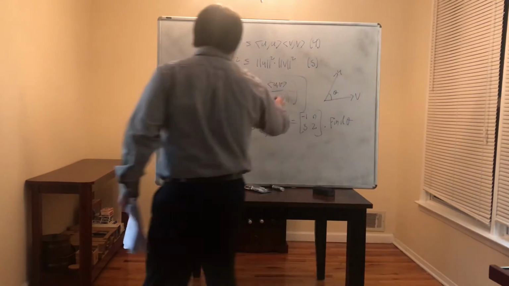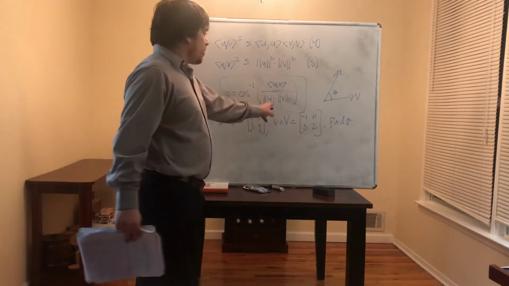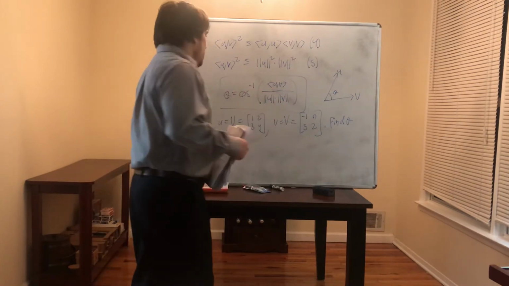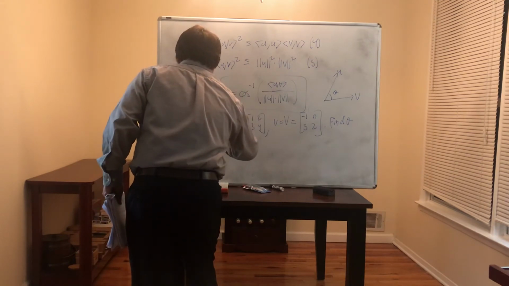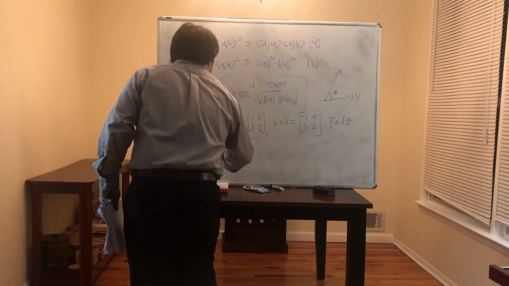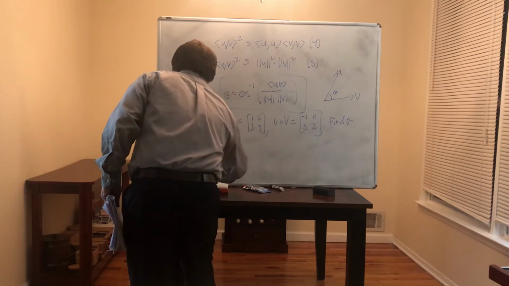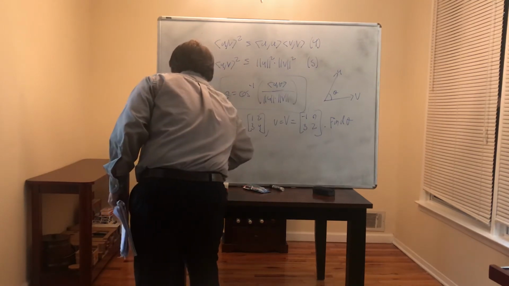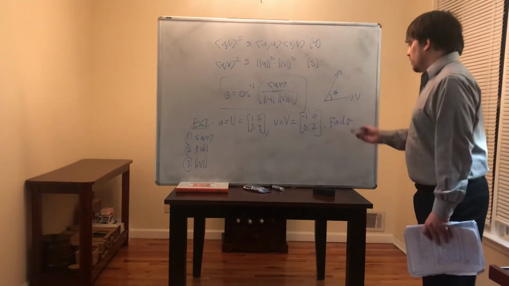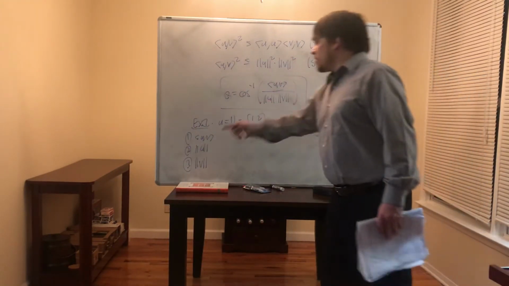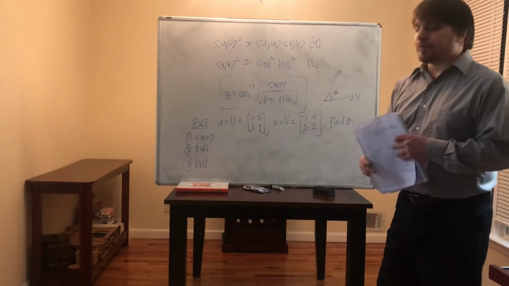Well, theta is cosine inverse of the inner product between these two vectors divided by the product of their norms. So we need to find three things: the inner product between u and v, the norm of u, and the norm of v. And we just need to substitute those three things into that formula to get theta.